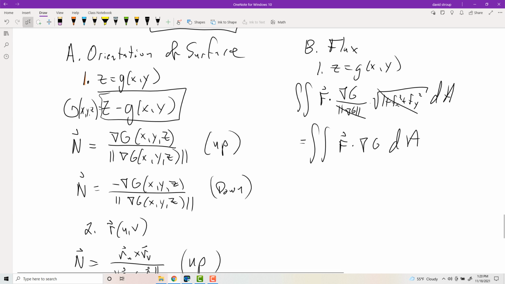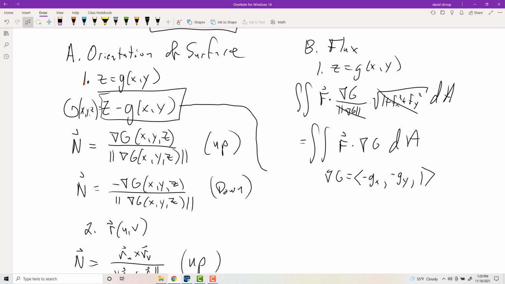So the gradient of g in this case, just by the way, is going to be equal to negative g with respect to x, comma, negative g with respect to y, and then 1. Okay, where did I get that? It's from just taking the gradient of that thing and plugging in the components. And this is the upward version.